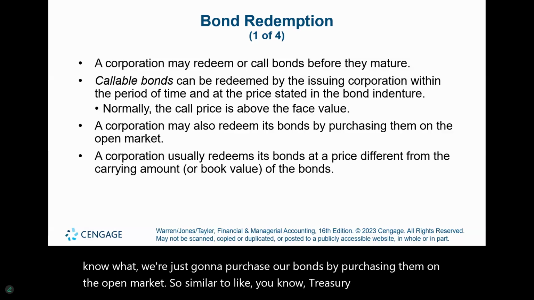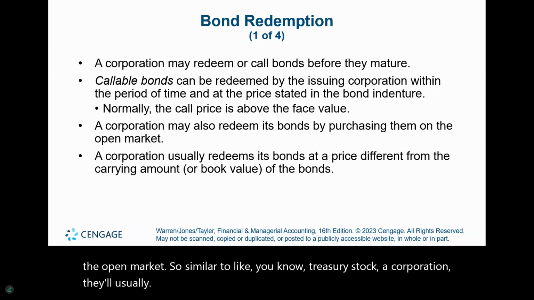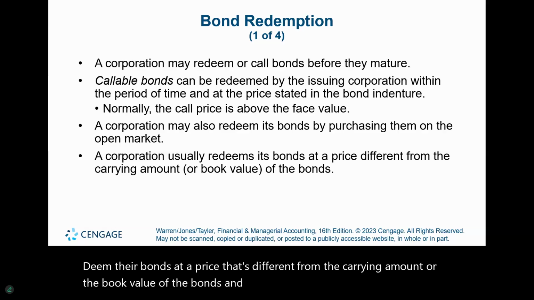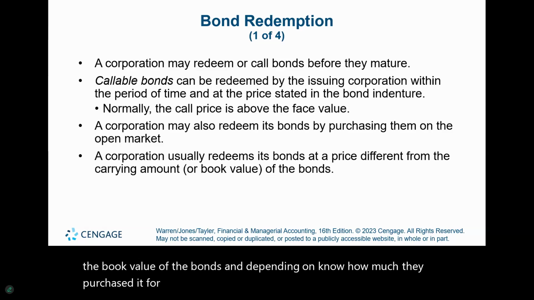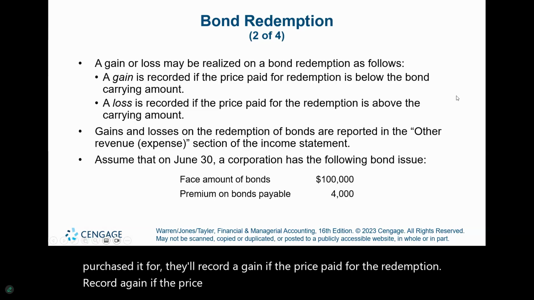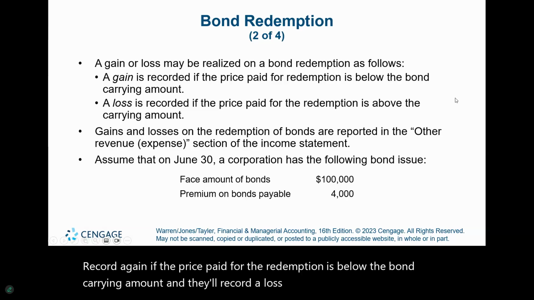A corporation will usually redeem its bonds at a price that's different from the carrying amount, or the book value, of the bonds. Depending on how much they purchased it for, they'll record a gain if the price paid for the redemption is below the bond carrying amount, and they'll record a loss if the price paid for the redemption is above the carrying amount.